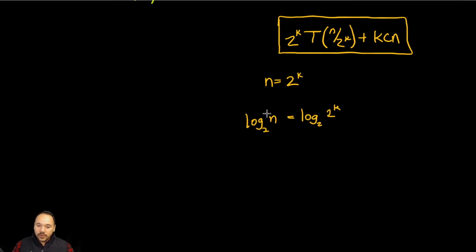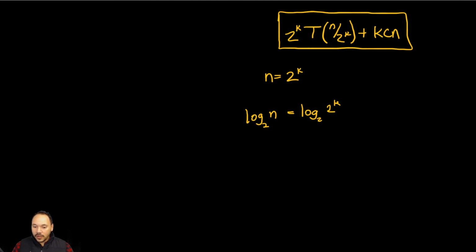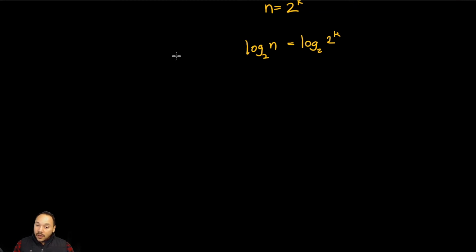So if you don't remember logarithm, what it means is you're trying to find, so this is the base and this is the result, and you're trying to find what number you have to elevate the base to. So when you have the same base as the logarithm elevated, that becomes only k. So we have this is equal to k. So k is equal to log base 2 of n.